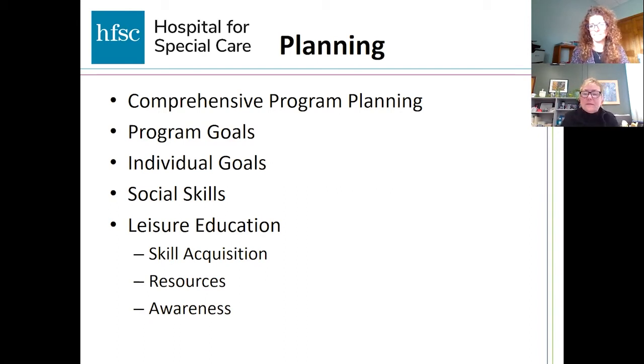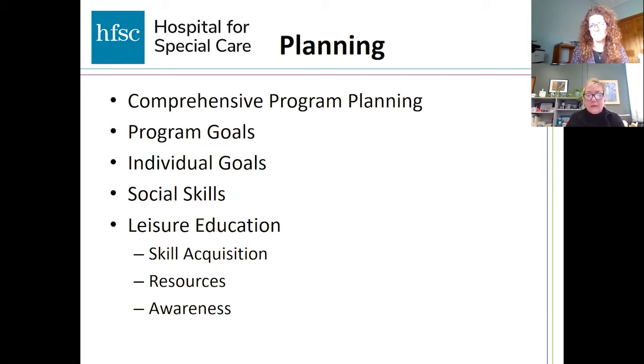That planning is critical, and it's comprehensive program planning based on what we know about individual diagnoses, and what that indicates in regards to the directions that need to be taken for establishing programs, and setting the goals.